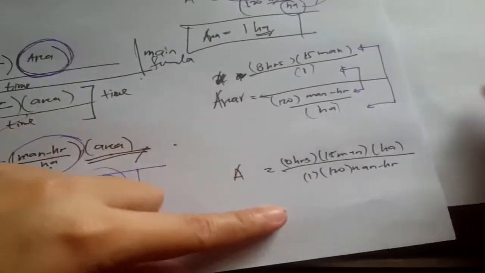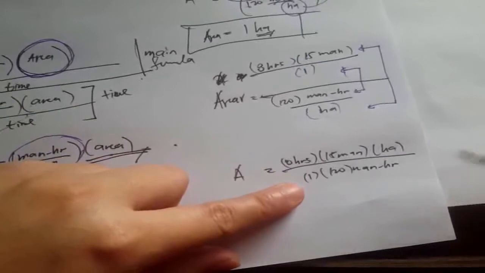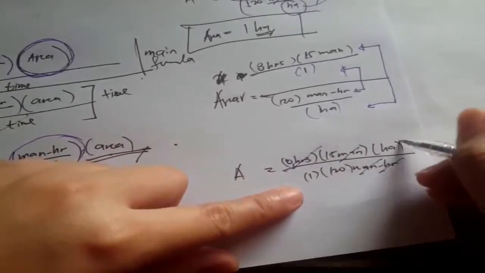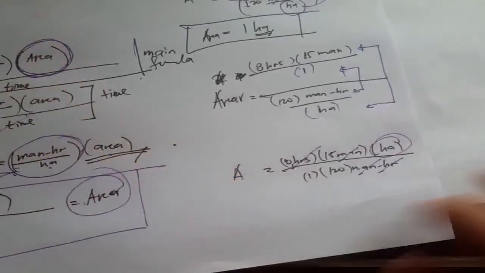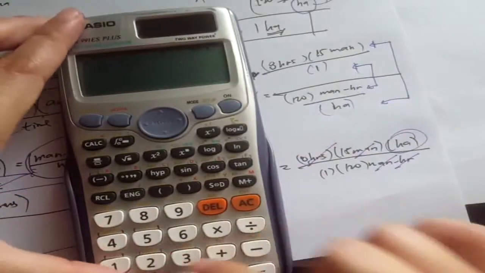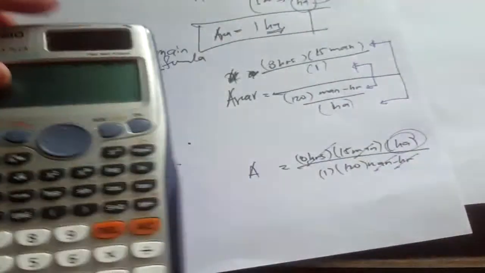That is now our area. From here, you can easily see that you can cancel out the units hour and man, and the hectare will remain at the numerator. 8 times 15 divided by 120 is just 1.